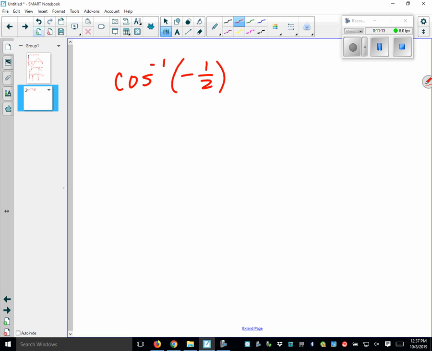What quadrant is that going to be in? 2, because cosine is in 1 and 2, and what is sine? No, what quadrants is sine? Oh, 1 and 4, and tangent is 1 and 4.